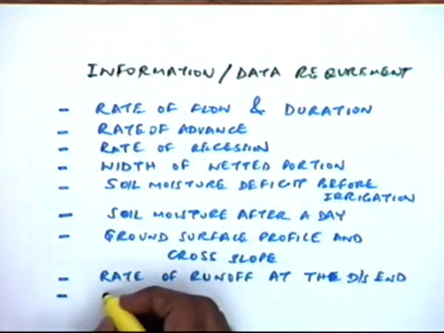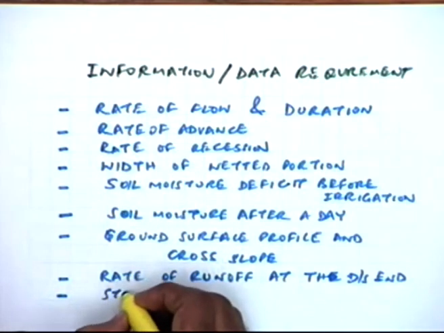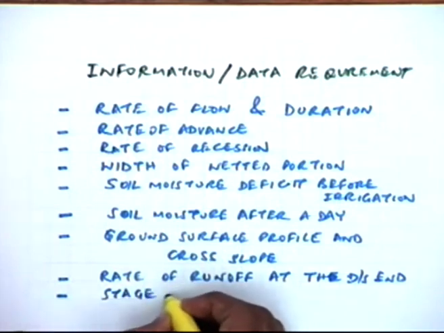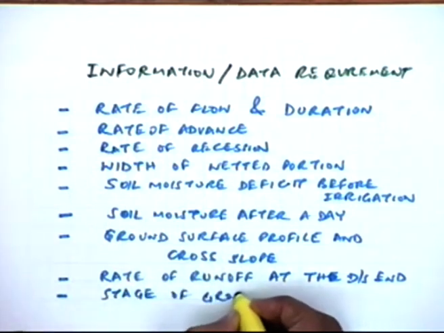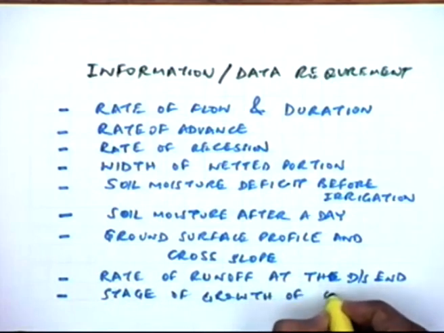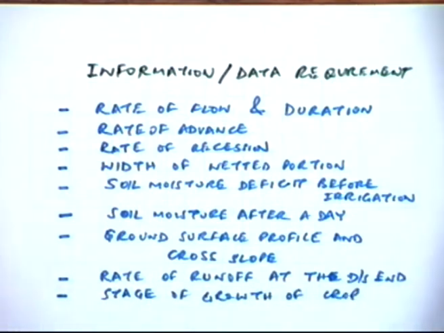You should also find out the stage of growth of the crop, because we have seen in the previous portions how the stage of the crop can influence the requirement. The requirements will decide how much deficit has been established in the soil.